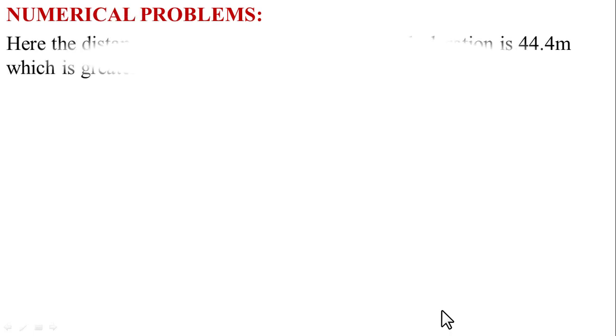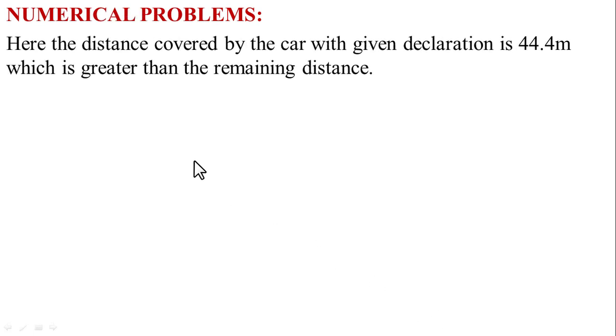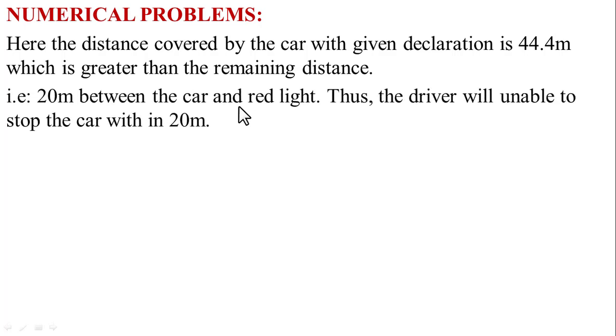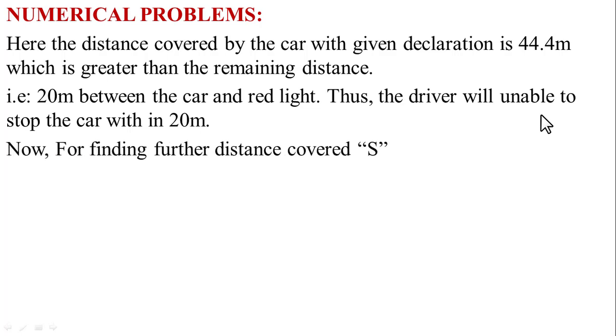Now we will calculate S. Here the distance covered by the car with the given deceleration is 44.4 meter, which is greater than the remaining distance, so 20 meter between the car and red light. Thus the driver will not be able to stop the car within 20 meter.